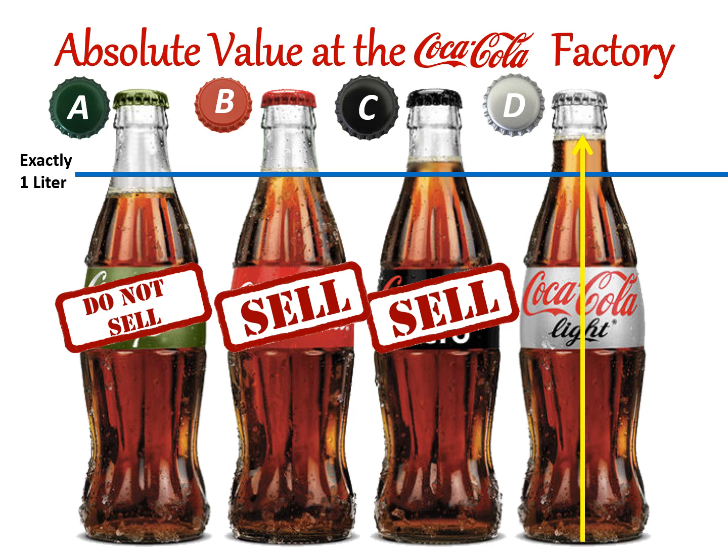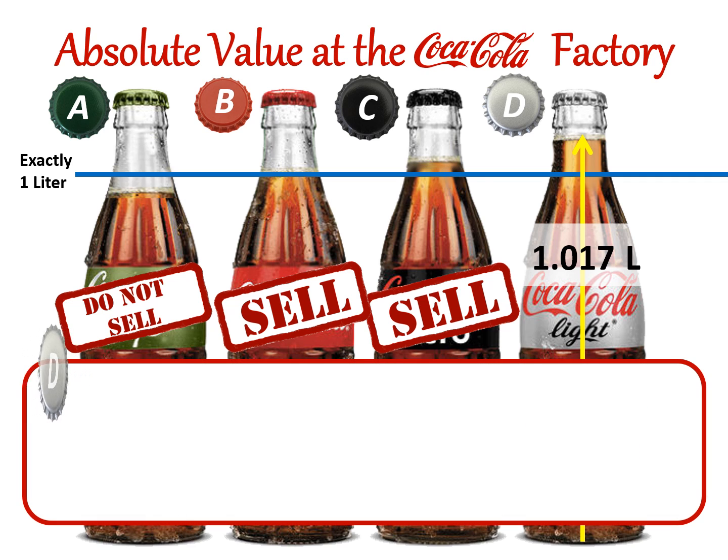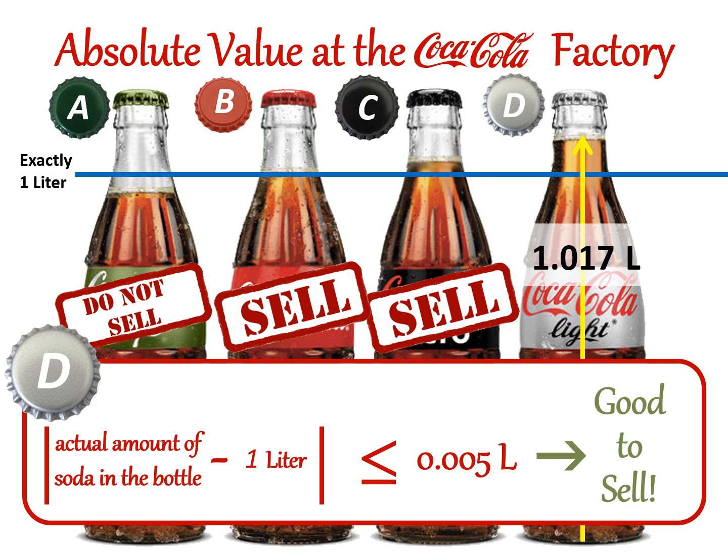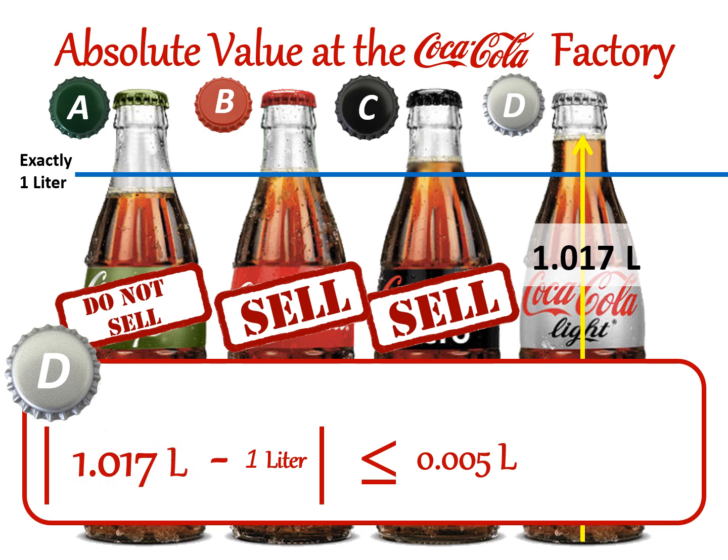Now let's take a look at bottle D. This bottle is filled to 1 and 17 thousandths of a liter. We're going to use the formula to determine whether or not this bottle is good to sell. The actual amount of soda in the bottle is 1 and 17 thousandths of a liter.